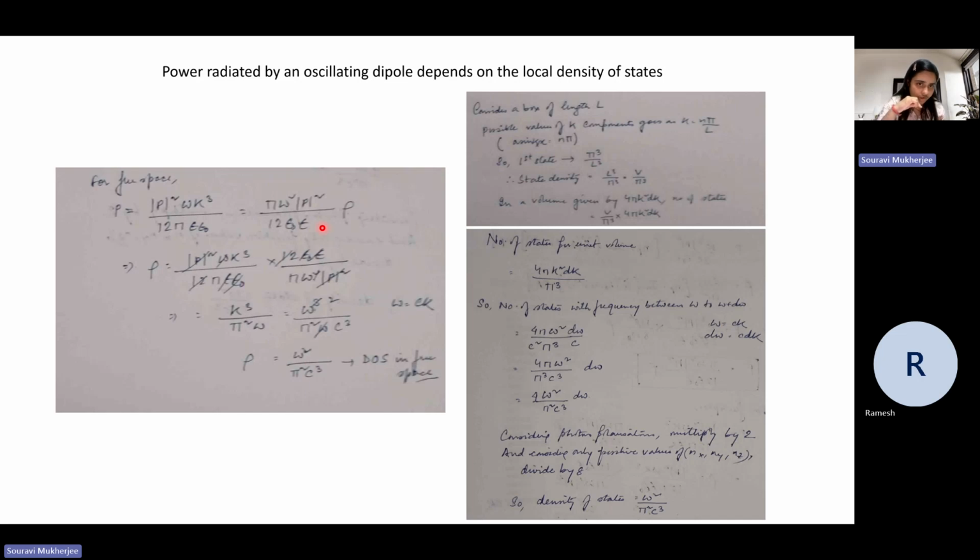So that has huge implications, because if you can change the density of states, you can actually change the fluorescence and the emission from your fluorescent molecules or such quantum sources. So this is in the classical limit that we are talking about, but the same effect is also there when we talk about such fluorescent molecules or small atomic sources.